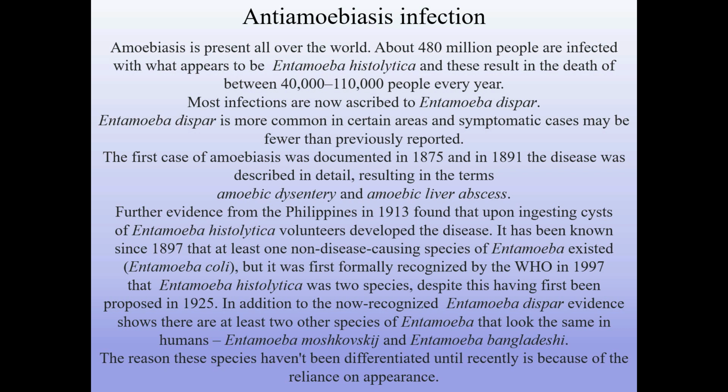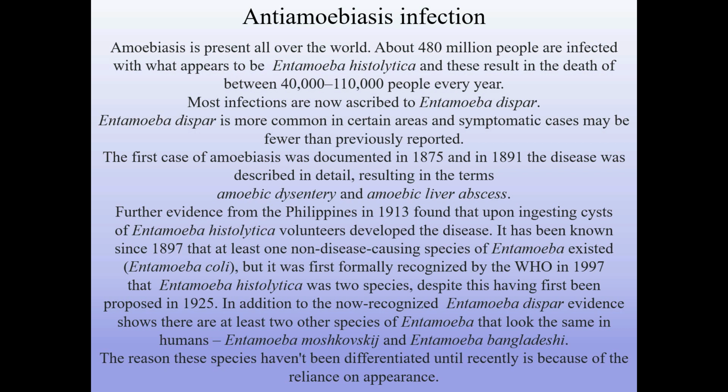It has been known since 1897 that at least one non-disease-causing species of Entamoeba existed, Entamoeba coli, but it was first formally recognized by the World Health Organization in 1997 that Entamoeba histolytica was two species, despite this having first been proposed in 1925.